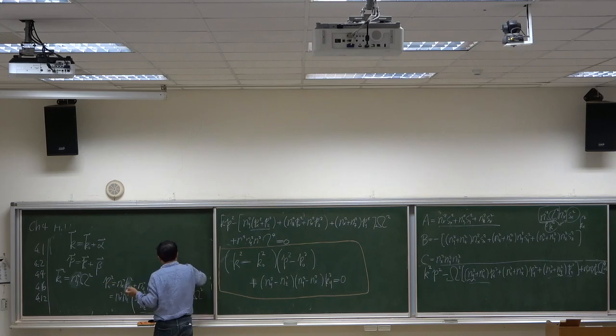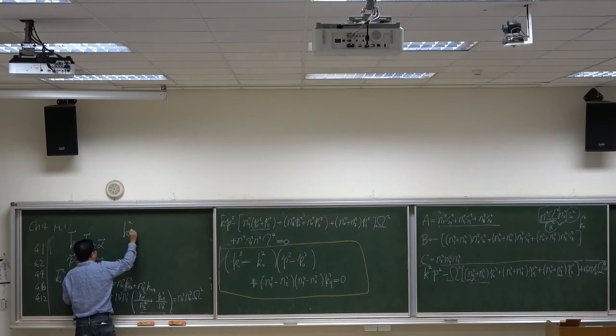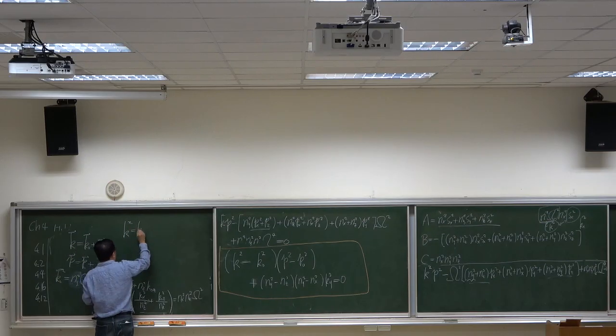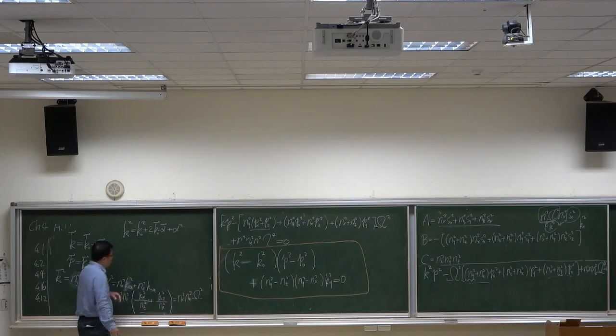So according to this setting, what is k squared? K squared is now equal to K naught squared plus 2K naught dot alpha plus alpha squared. Okay.